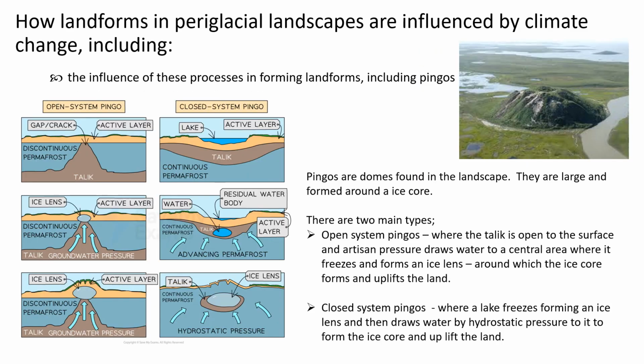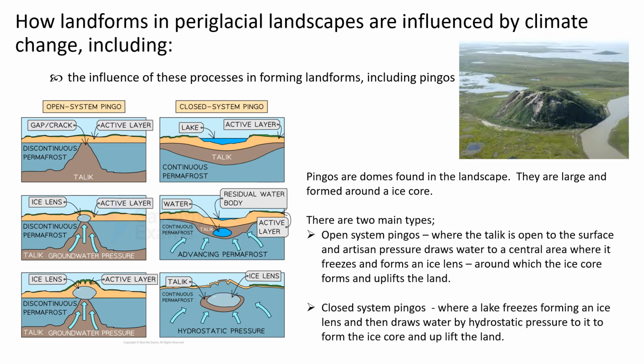Likewise, we have pingos. We have two different types of pingos: open system and closed system pingos. Both of those are based around the concept of having an ice core. The ice core is essential in creating the shape that we have with our pingos.